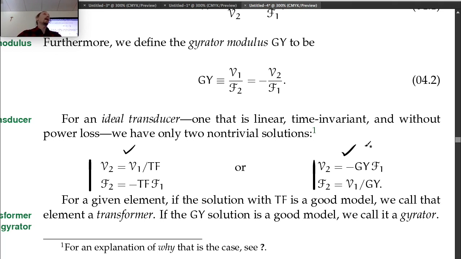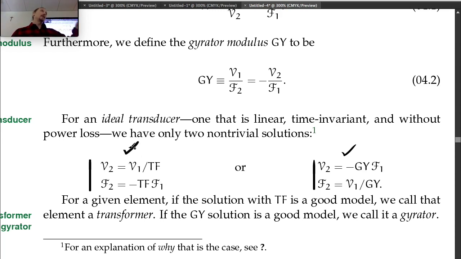Okay? Yeah? So what does it mean, gyrator model? What do you mean by that? I essentially just mean exactly that: these two equations are approximately true for your system. And for a transformer, what we mean by those words is that the physics of that element work like this.